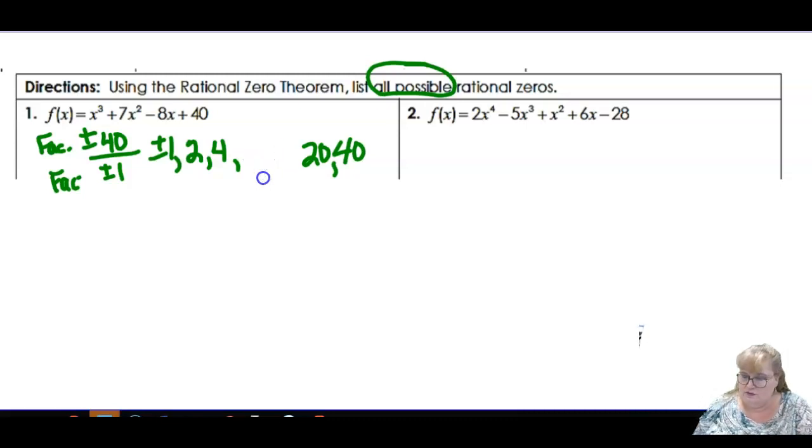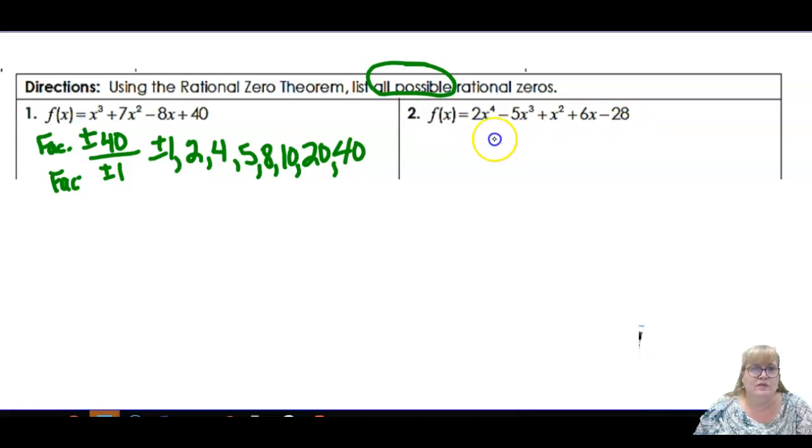Okay, there's mistake number 1 on this video. 4 goes into 40. Let's try that again. 4 goes into 40 10 times. 5 goes into 40 8 times. Guess I shouldn't be thinking about whether they're all going to fit or not. You can write them in any order you want, but those are all the possible rational zeros. There aren't any fractional ones for that because the coefficient was 1.